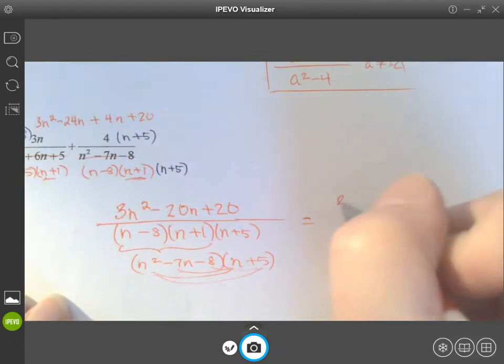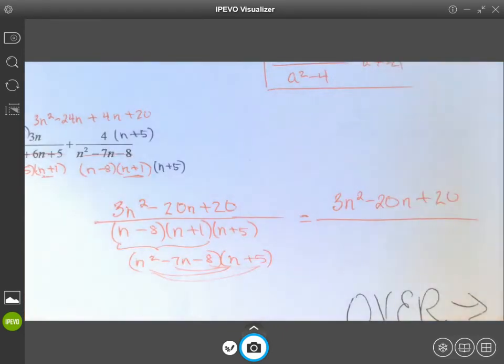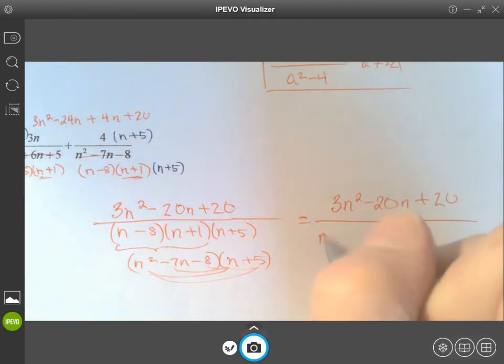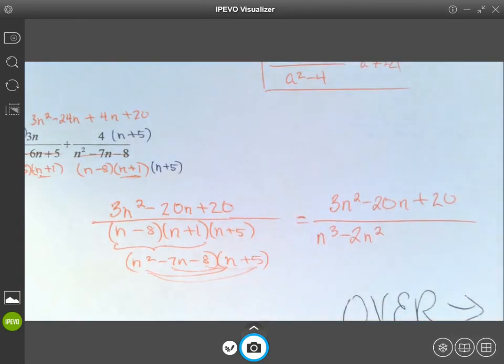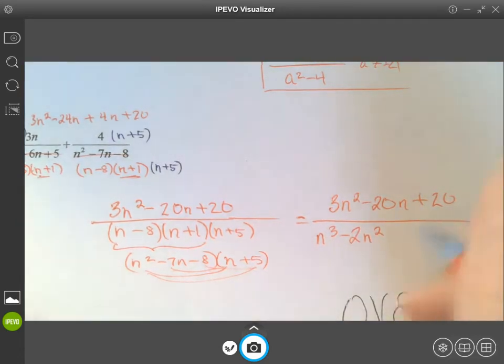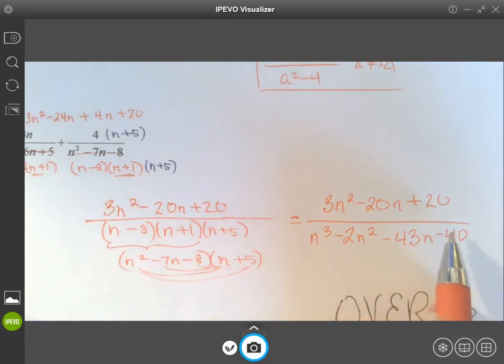All right, so you'd have to write that out. And then when you add like terms, let me see if I have it. It would be n to the third minus 2n squared minus 43n. I think it's minus 40. So you would do that distribution. This would be your answer.